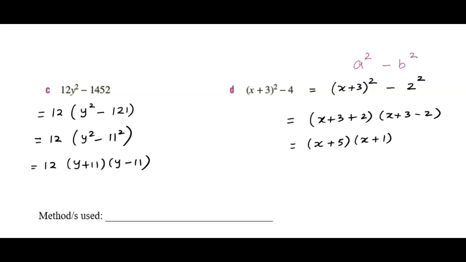And that's how it factorizes. So if we quickly have a look at what methods we used here, in example C we looked at removing the common factor, but more commonly across all four examples, we basically had to use the difference of perfect squares to factorize the expressions.